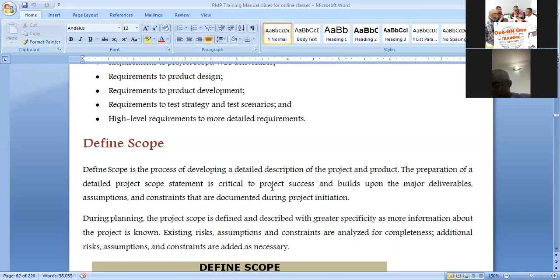Rolling wave planning is another word for progressive elaboration. That is what I call the car headlamp principle.